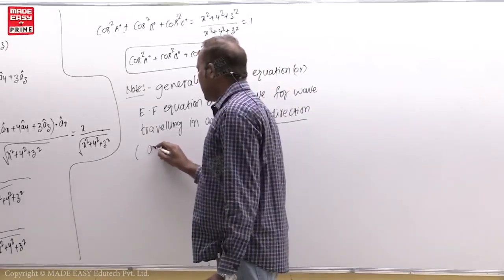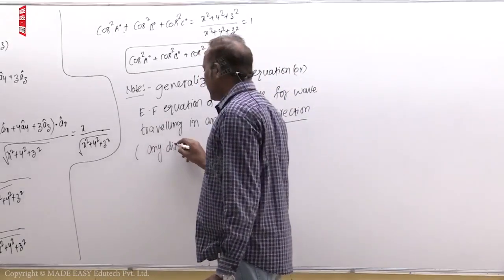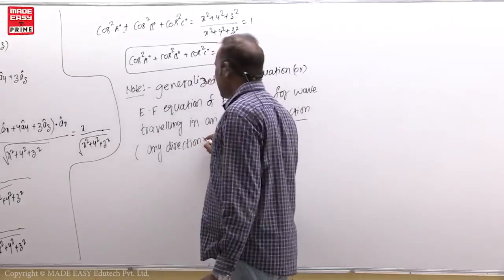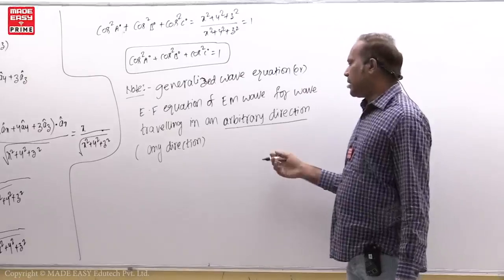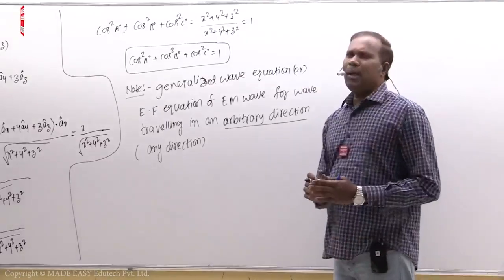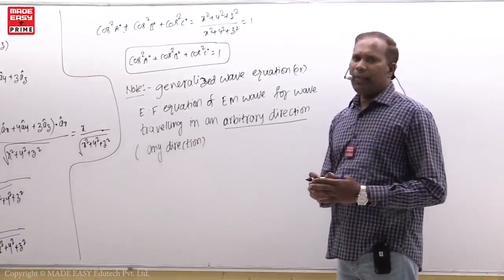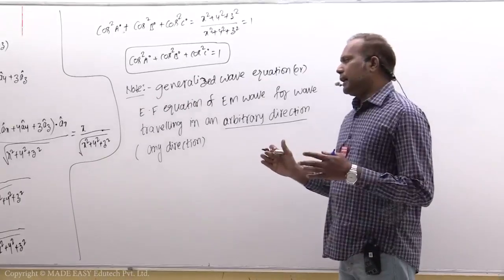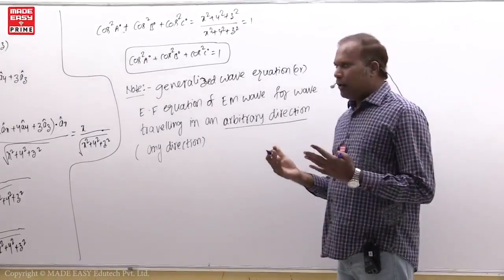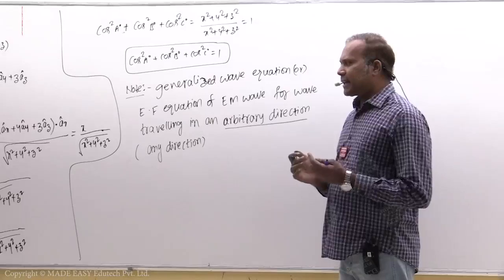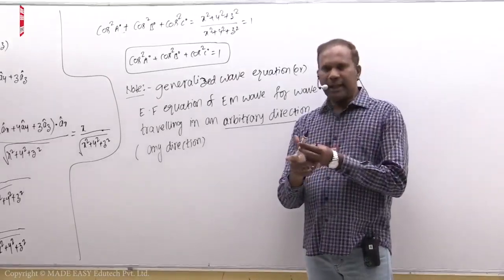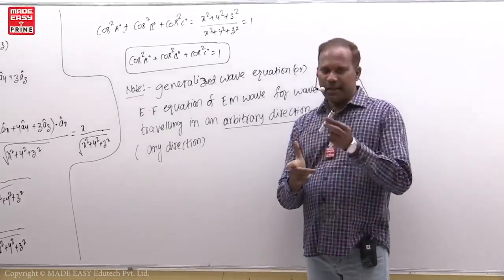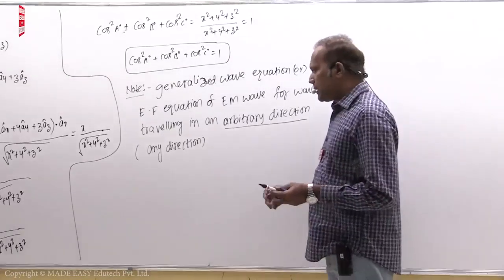Arbitrary means any direction, that may be in the x direction, y direction, xy direction, xyz direction, any direction. Till now we have studied for a wave traveling in the z direction. Now if the wave travels in the xyz direction like this, then what is the equation? We have to see.